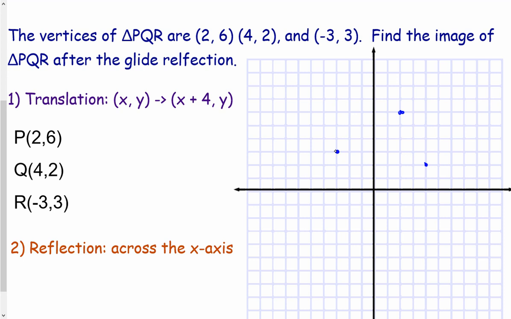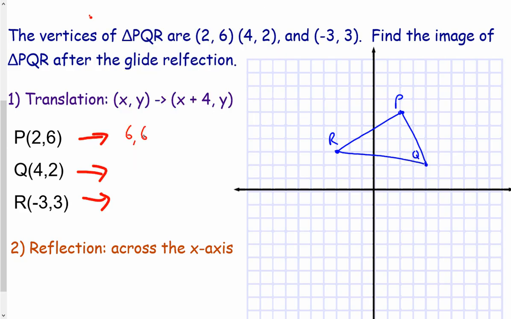You have 2, 6, 4, 2, and negative 3, 3. If these points are correct, right here's my shape, PQR, and then we're going to move 4 to the right. Switching colors here, moving 4 to the right, and you can mathematically calculate this as well, where you're basically just adding 4 to those x values.